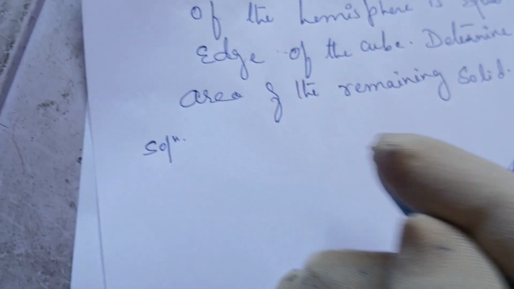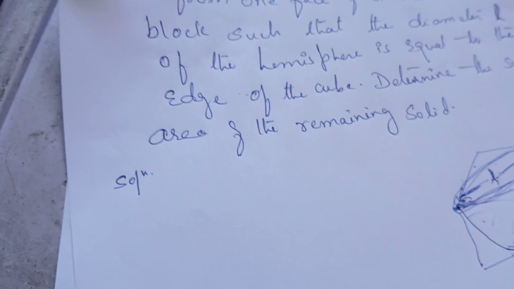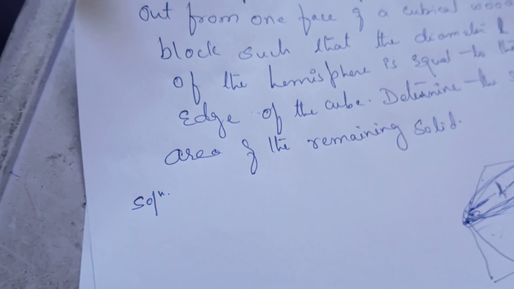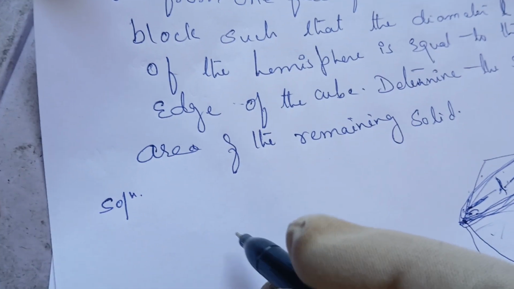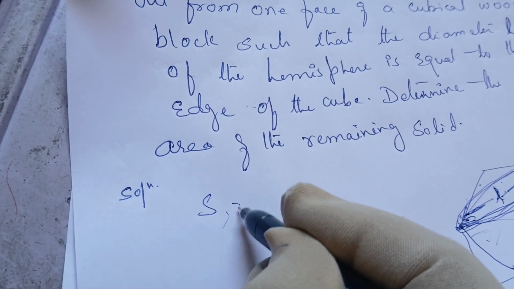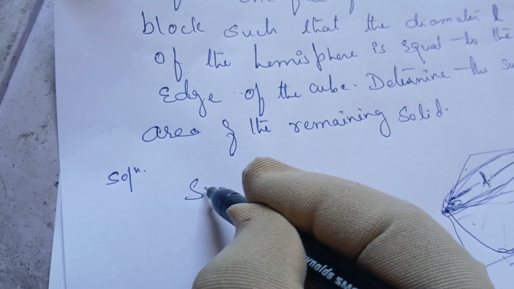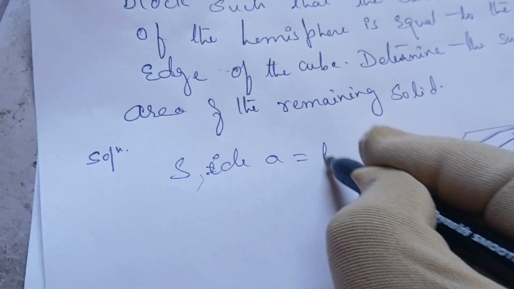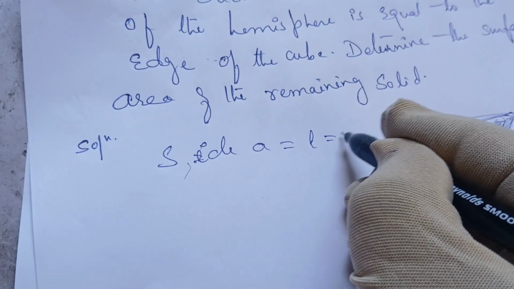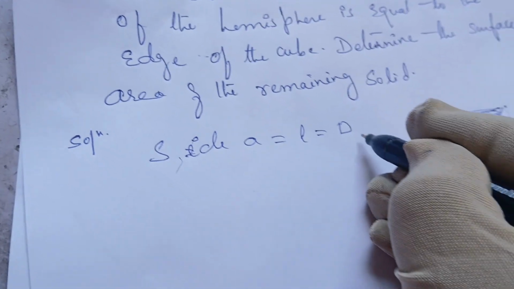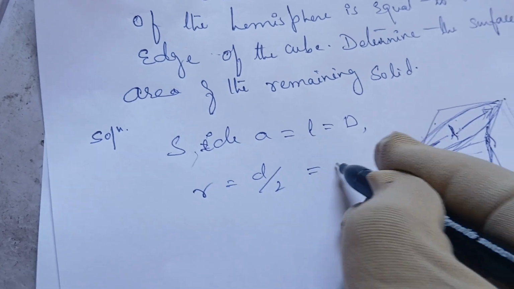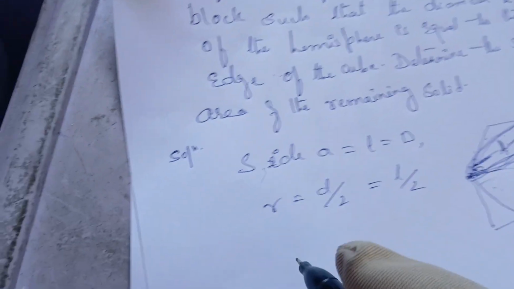So when we scoop out the hemisphere from the wooden cubical block, what is the remaining surface area? Here S, or side a, is equal to L, which is equal to D. The radius R is equal to D by 2, that is L by 2.